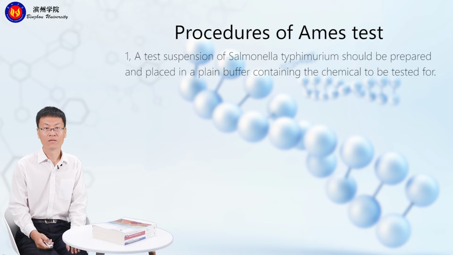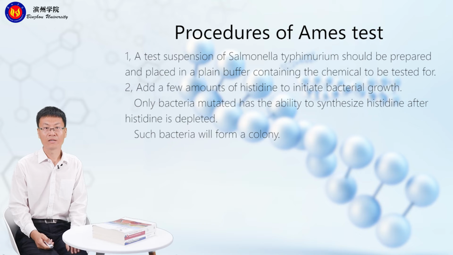Secondly, add a small amount of histidine to initiate bacterial growth. Only bacteria mutated into His-positive have the ability to synthesize histidine. Such bacteria will form a colony.